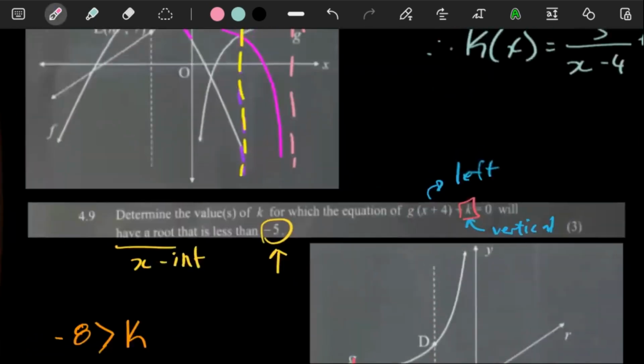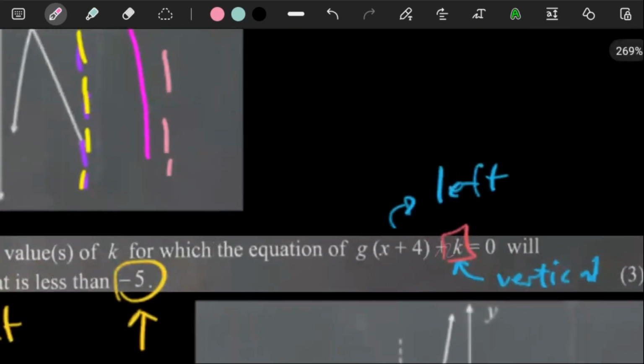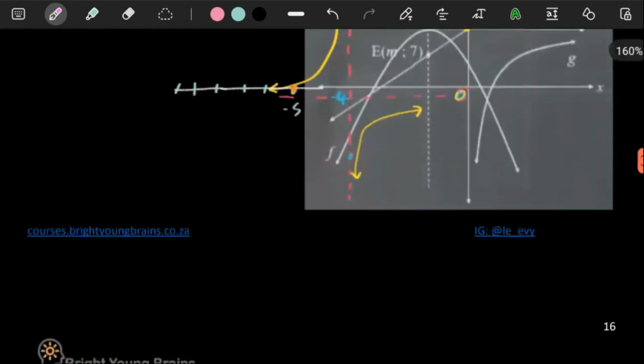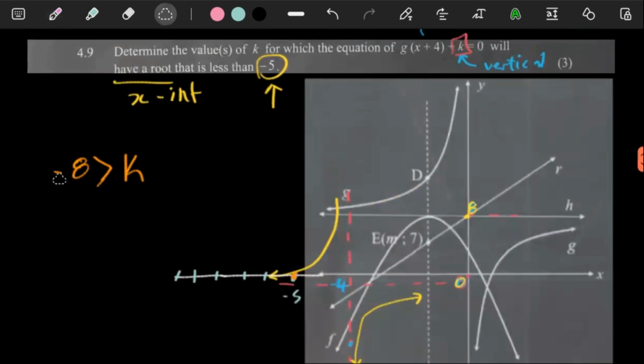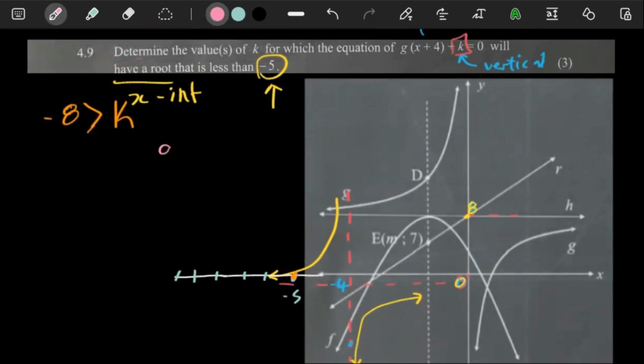All this is saying is in the equation of g, we need to throw in x plus 4 where x is, and then to the whole thing we need to add k. So the original equation of g looks like g of x equals negative 3 over x, plus 8.